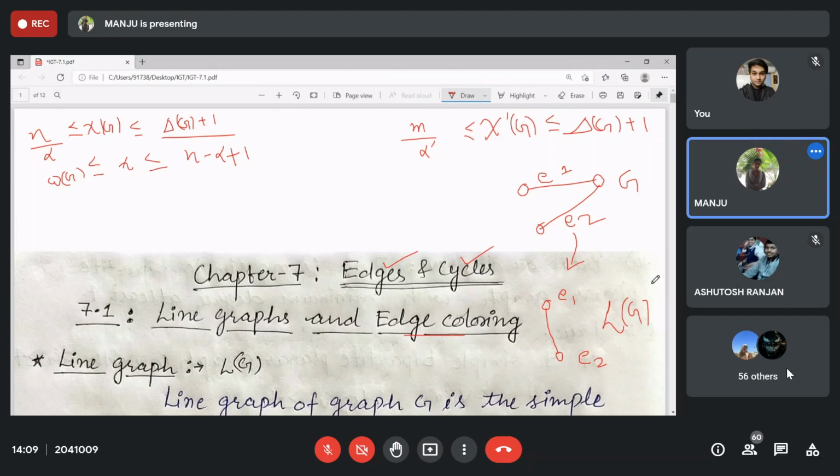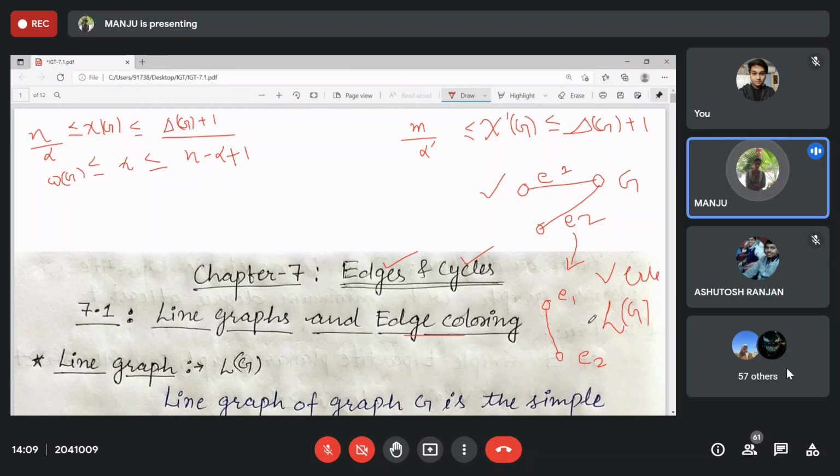So this will be a simple graph where edges of G correspond to the vertices, and adjacency comes from the adjacency of the edges. Whenever two edges are incident or have a common vertex, then these vertices in the line graph are adjacent. So now, we can find the edge coloring of this graph, or we can find the vertex coloring of this graph, right?